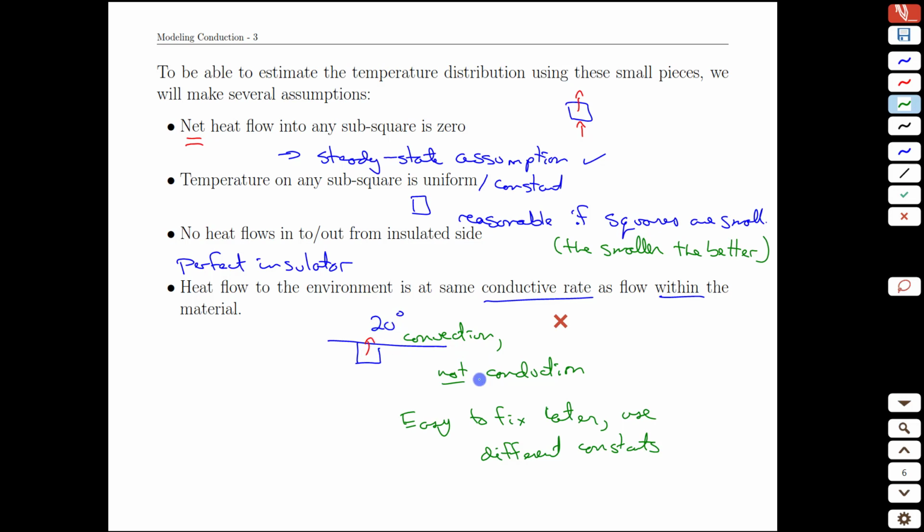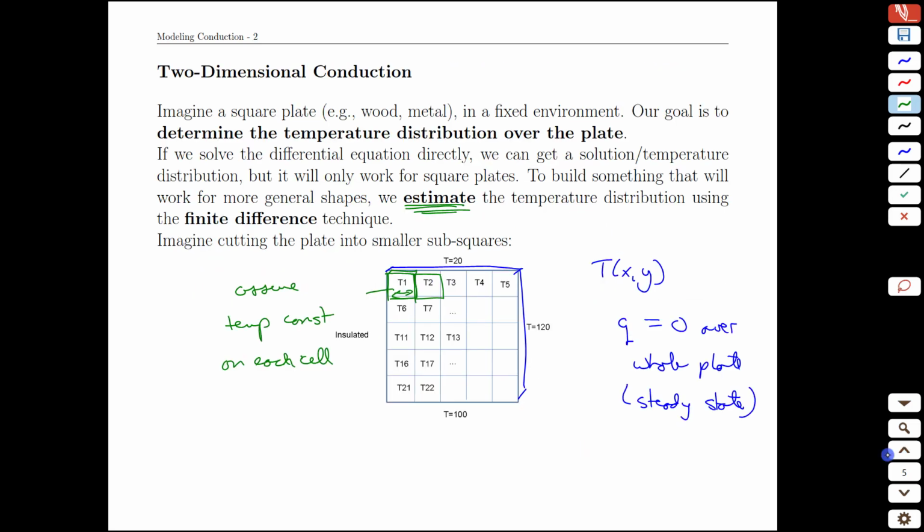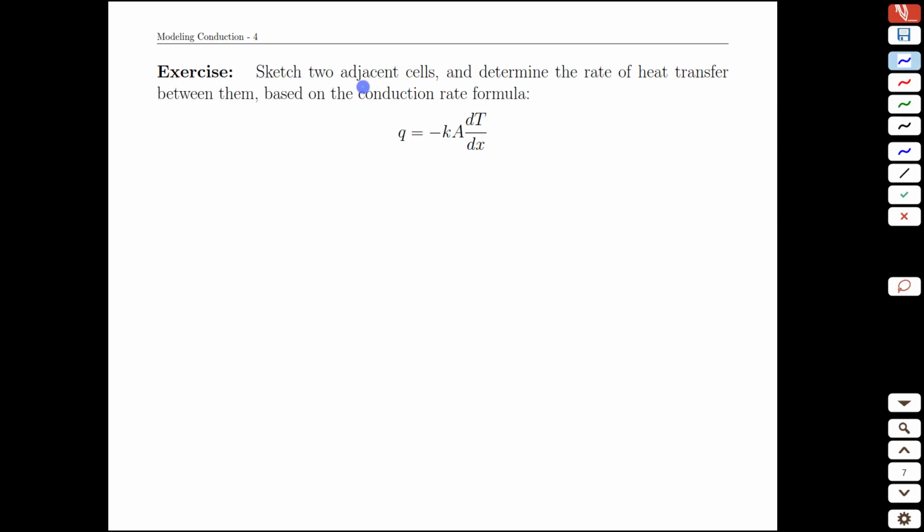So we're going to stick with this assumption, and we're going to see how looking at this plate shaped in this way is going to allow us to find a steady state temperature distribution on a two-dimensional field like this.